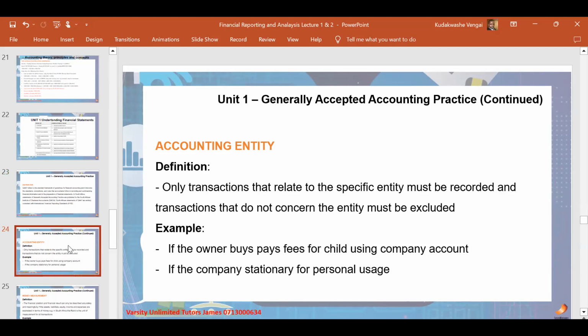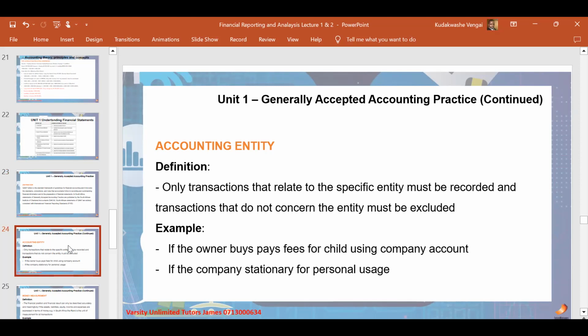As students, and as future managers of your organizations, you need to understand these accounting concepts, because they will give you a better understanding of the financial statements that you're going to analyze. So the first key concept is called the accounting entity concept.